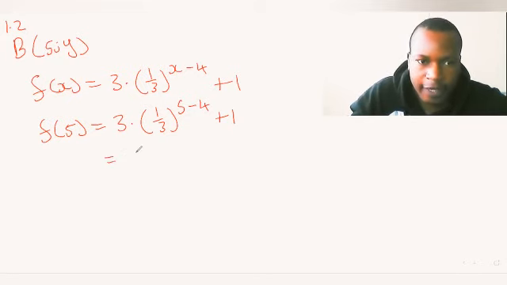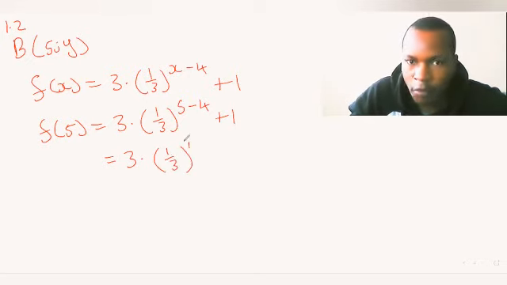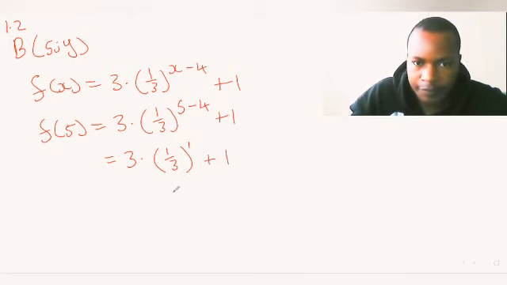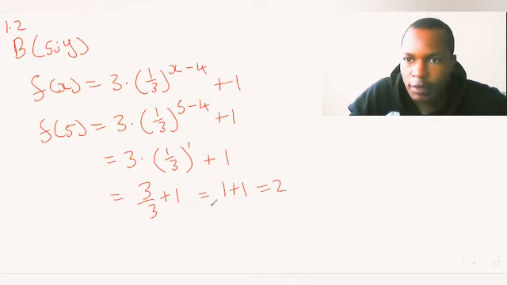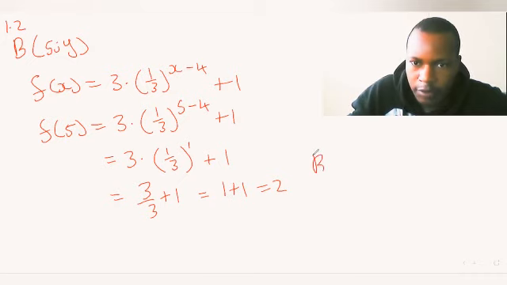This would then simplify to 3 multiplied by 1 divided by 3 to the power 1. So that's 5 minus 4, plus 1. Now this would further simplify to 3 divided by 3 plus 1, which equals 1 plus 1, which equals 2. So therefore, the y value of point B would equal 2. So point B would read as (5; 2).